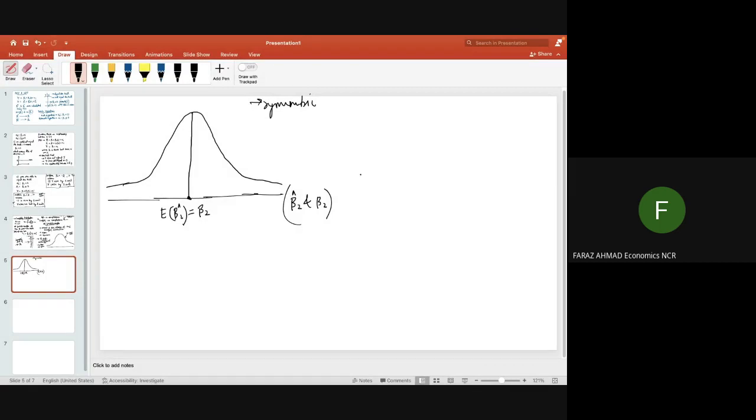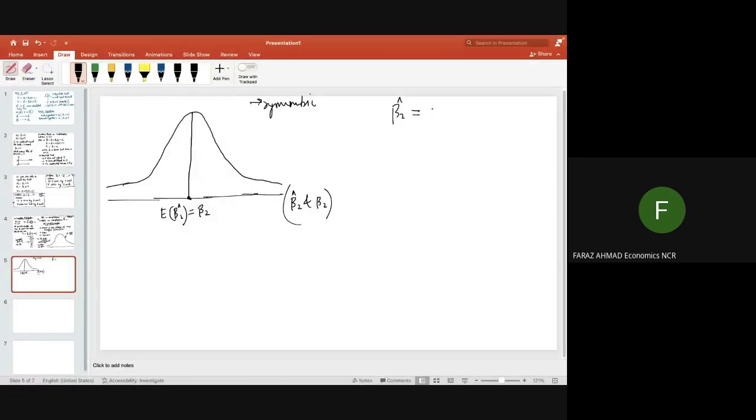Now we calculate beta 2 hat to be, suppose, in our example, how much did we calculate? Do you remember beta 2 hat, the example that we were doing? Okay, let me check that.